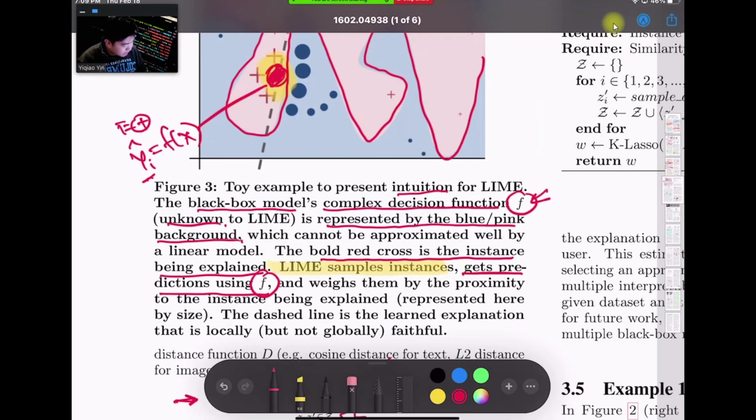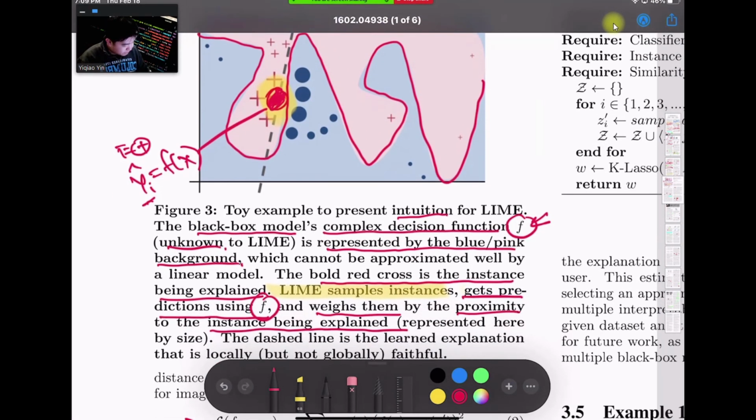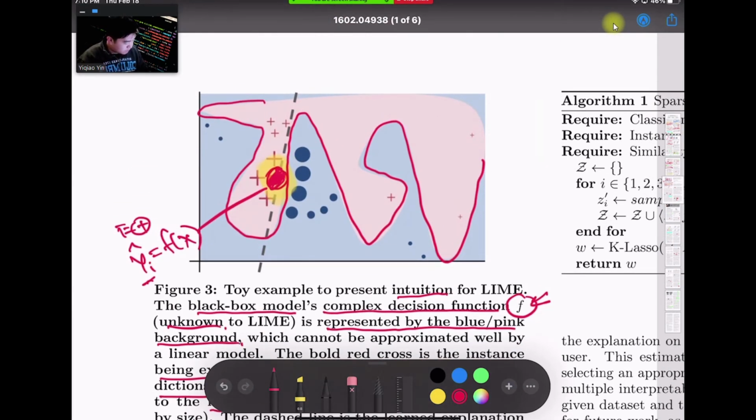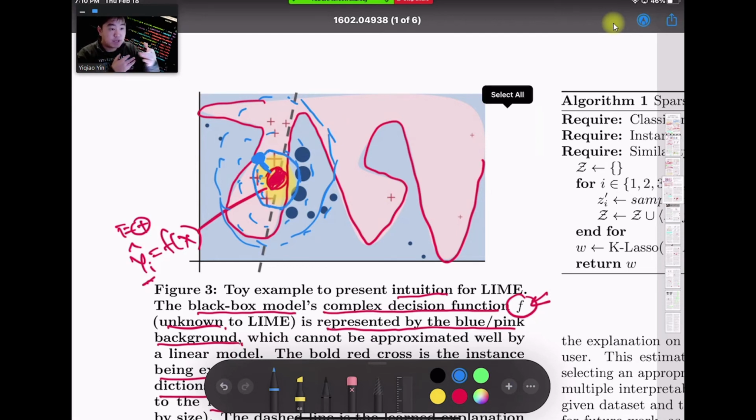And then LIME weighs them by the proximity to the instance being explained, which is represented here by the size. So in other words, imagine there is a dotted circle that looks like that, and this dotted circle can get bigger and bigger. If another instance is closer to the red dot, meaning it could be in a smaller blue dotted circle, then this distance is going to be smaller.